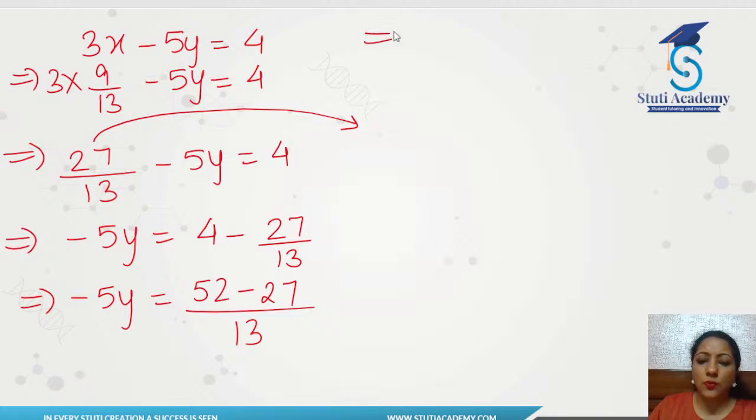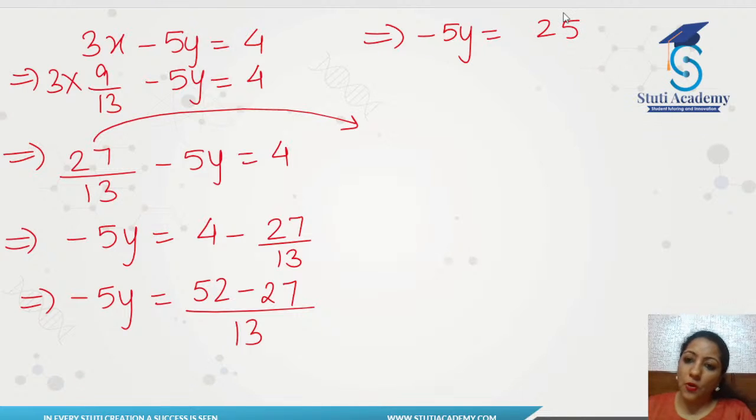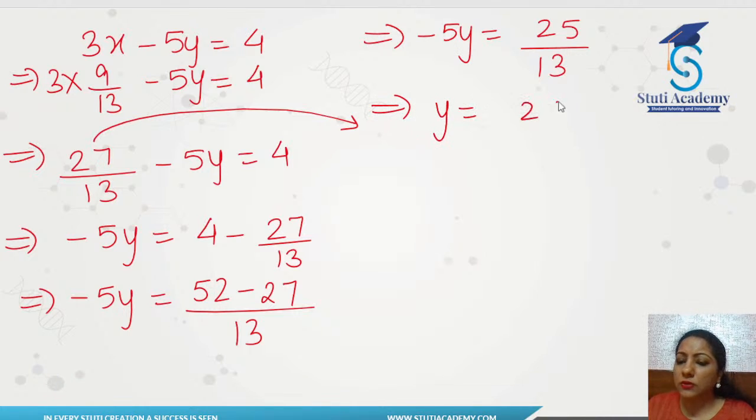Okay. Now the next one: minus 5y is equal to 52 minus 27, which gives us positive 25, upon 13. Now this 5 I'm going to take on the right hand side, and it will go in the denominator. For the time being, I'm just writing minus 5 as it is. 5 ones are 5, 5 fives are 25.